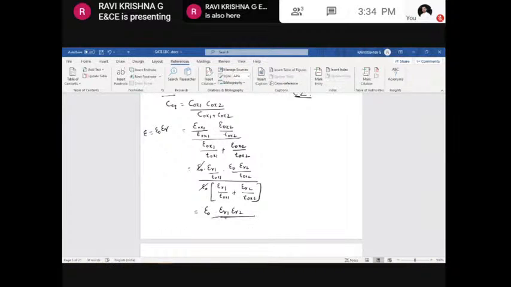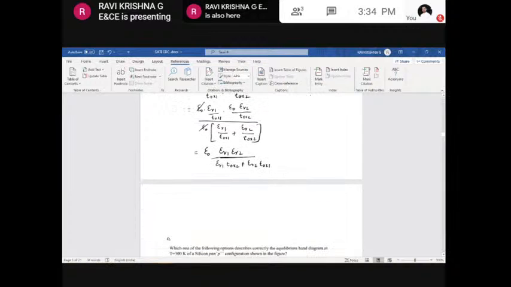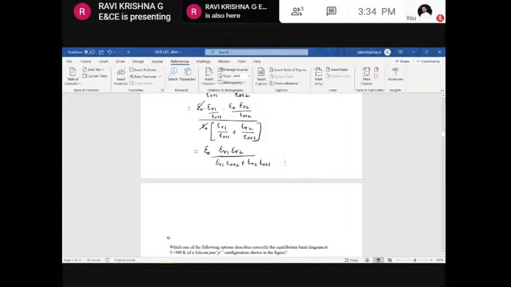if you simplify this, what happens? This will be epsilon r1 into T naught x2 plus epsilon r2 into T naught x1. If you substitute everything and solve this, it will be 80 by 32.